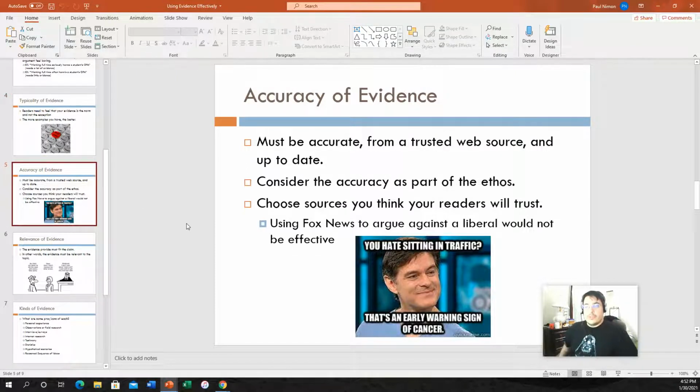The accuracy of evidence. Now, we are going to touch on this a lot later because this is a huge one. Your evidence needs to be accurate to the best of its ability, and it needs to be from a trusted source.